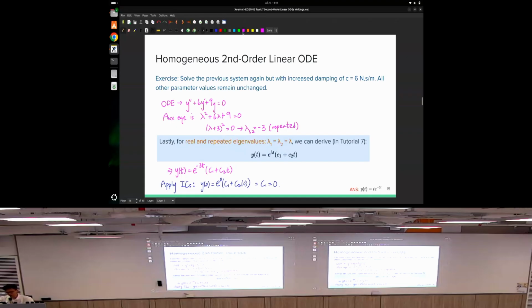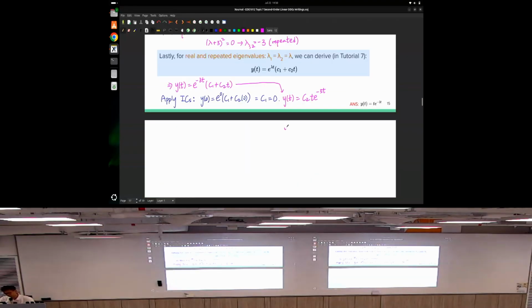That means y of t is just c2 t e to the minus 3t. Just differentiate to get y prime, repeating the procedure we did previously for a different solution function. You get c2, using the product rule: e to the minus 3t minus 3t e to the minus 3t.